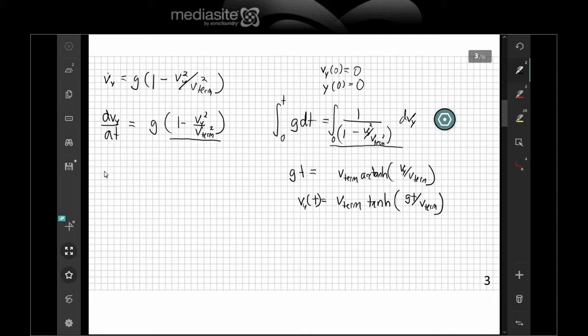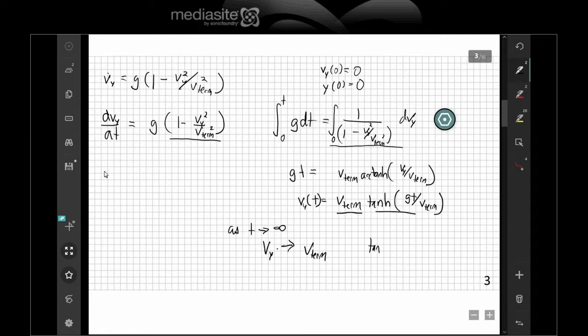Now, again, remember, how do we check our solution? That's important. Remember that Vy, as t goes to infinity, should go to v term. Okay. So looking at this equation, this is this times this.